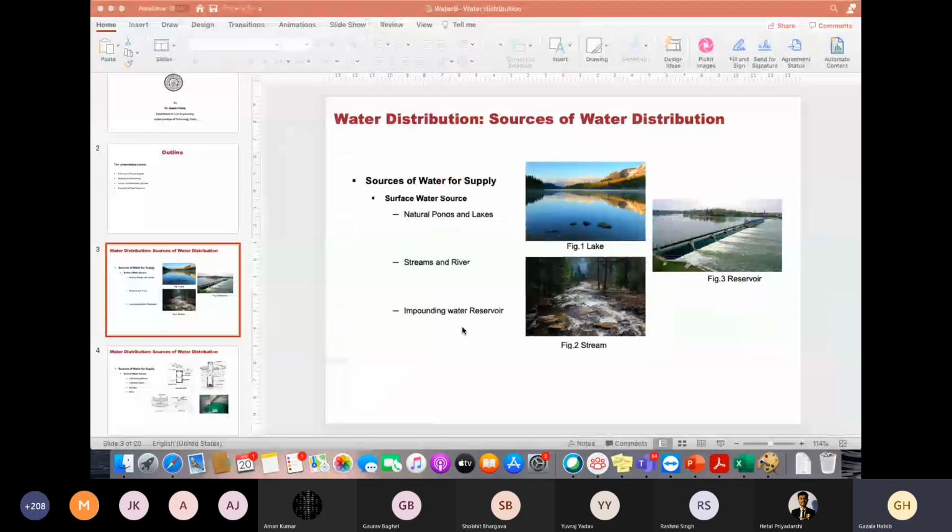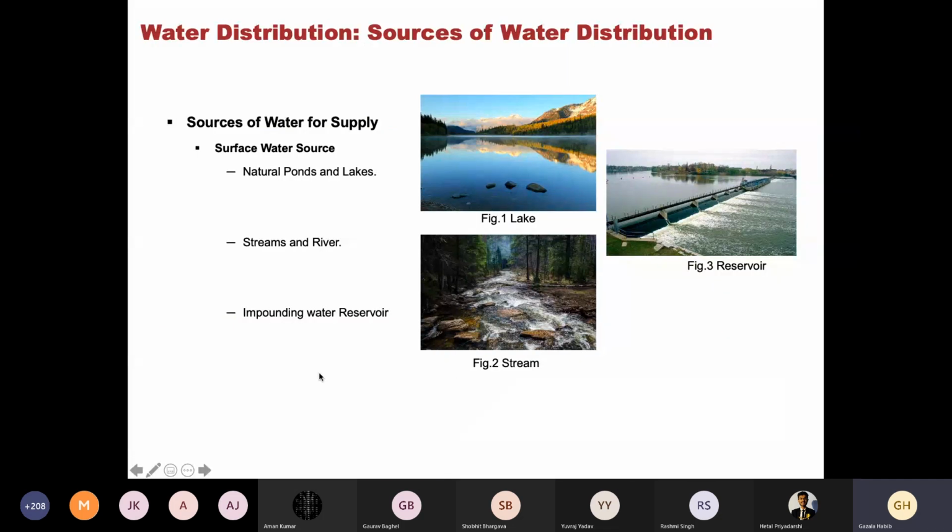Let's go to next topic, which is water distribution system. So water distribution system, we know that the water we get for drinking is either the surface water sources or maybe groundwater we treat and use for domestic purpose.